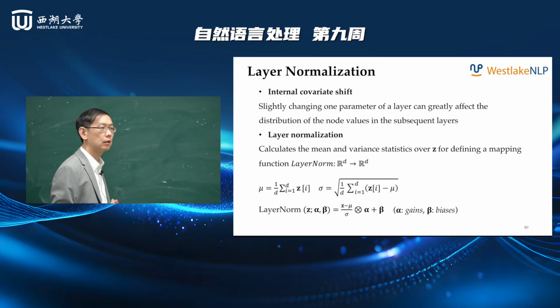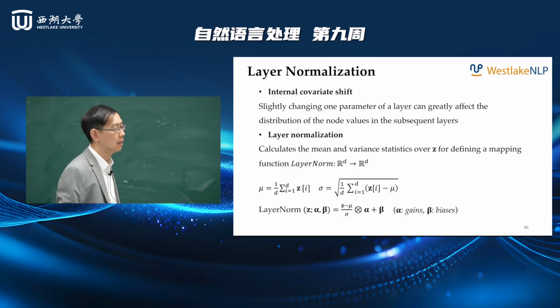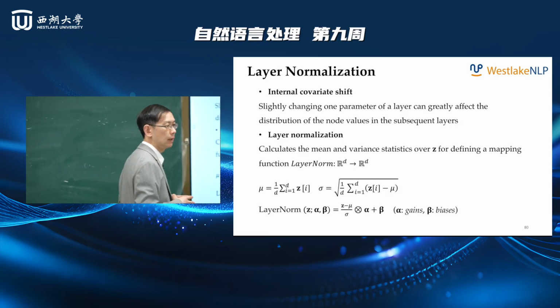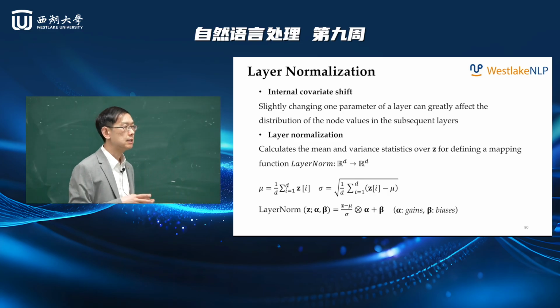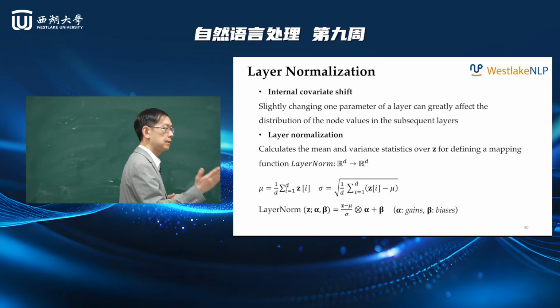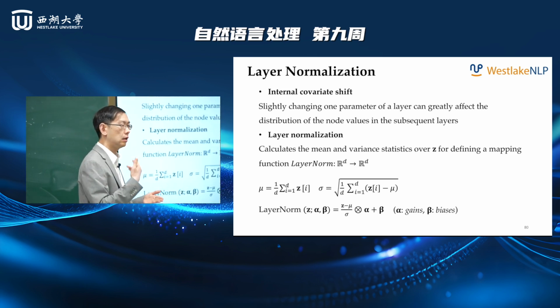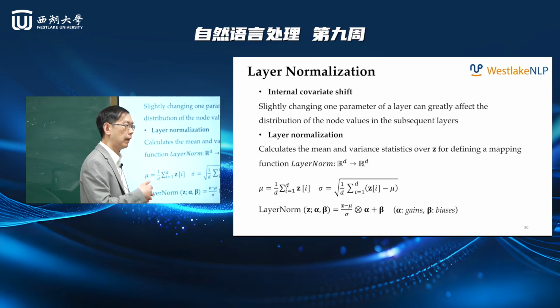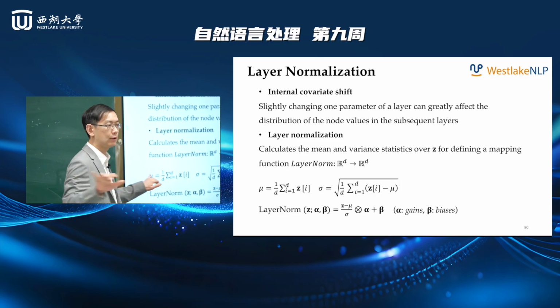So how do I stabilize the internal representation? There are different ways to stabilize the representation. One common way is called layer normalization. It normalizes the representation vector by taking the mean and the standard deviation from a sequence.